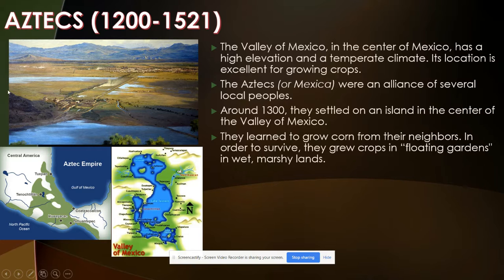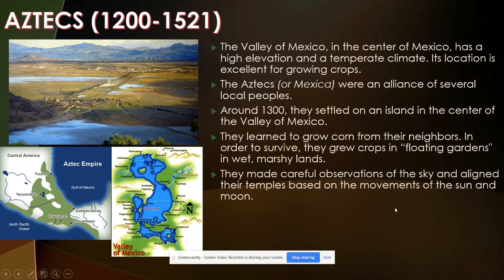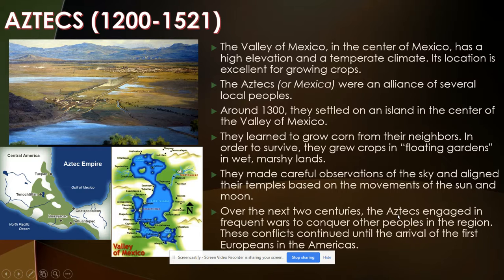As you can see here, this is the Valley of Mexico. So they made careful observations of the sky and aligned their temples based on the movements of the sun and the moon. Over the next 2 centuries, the Aztecs engaged in frequent wars to conquer other people in the region. These conflicts continued until the arrival of the first Europeans in the Americas.